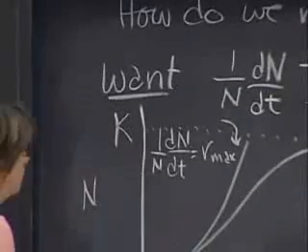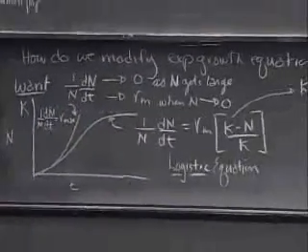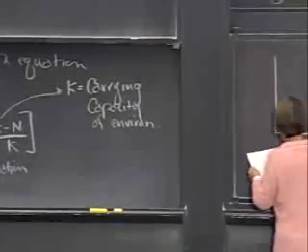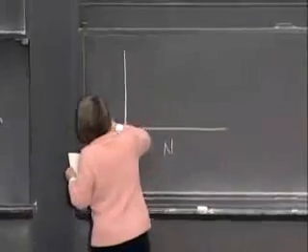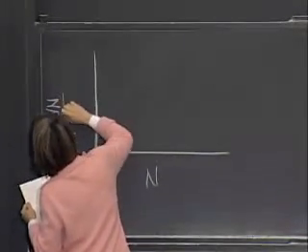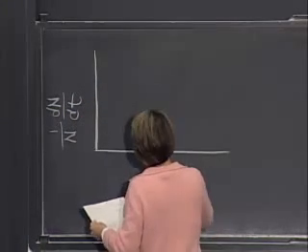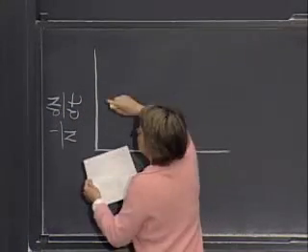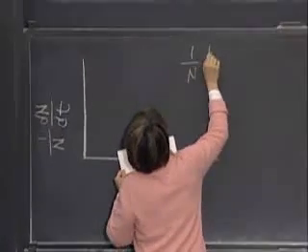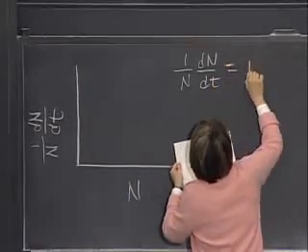All right. So let's look at this. Let's replot this because it's easier to analyze the features. We're going to plot 1 over n dn dt as a function of n. If we want to rewrite the equation, 1 over n dn dt equals r max.